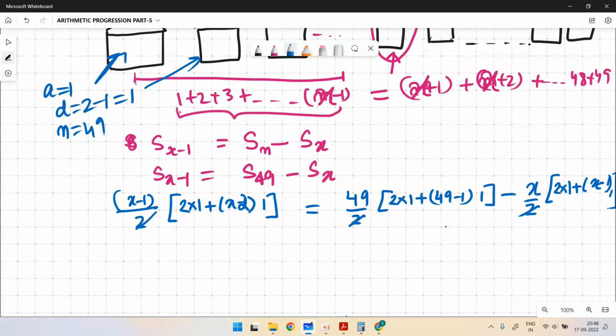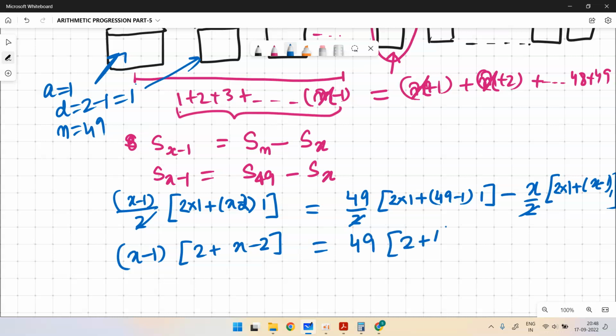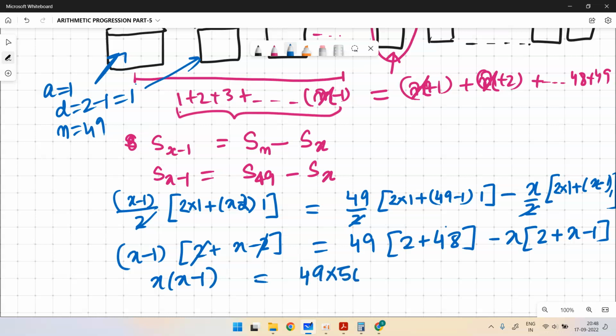This can be written as x minus 1 into 2 plus x minus 2, equals 49 into 2 plus 48, minus x into 2 plus x minus 1. Now if you solve this, this minus this is 0, so x into x minus 1 equals 49 into 50 minus x into x plus 1.